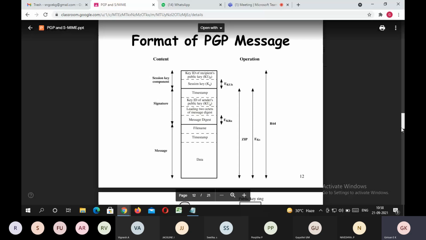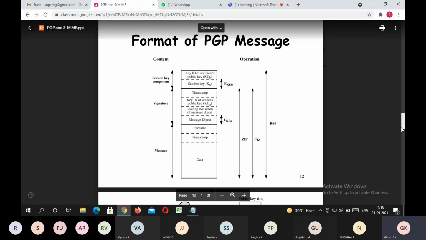Along with that, we have the identification key of the recipient, that is the recipient's public key, named KUB. So these two things are the session key component, used for exchanging an email message for a particular session. That will ensure the confidentiality.